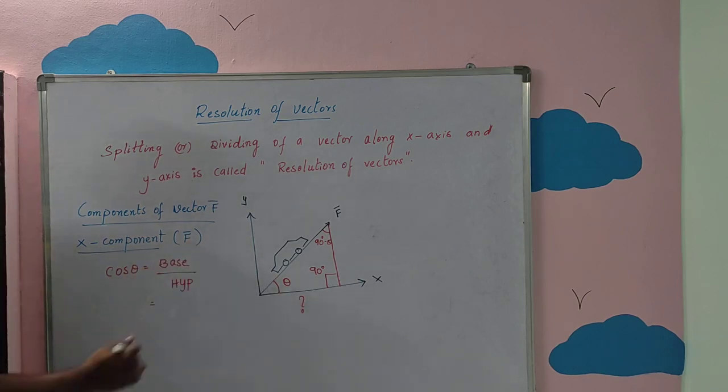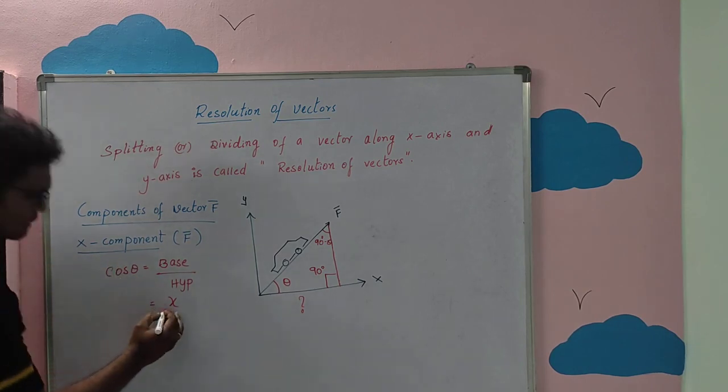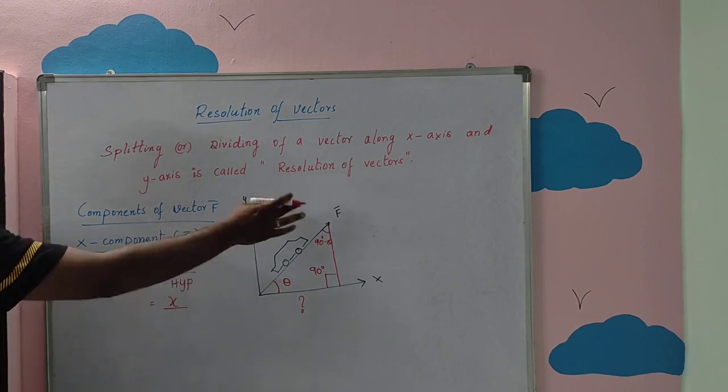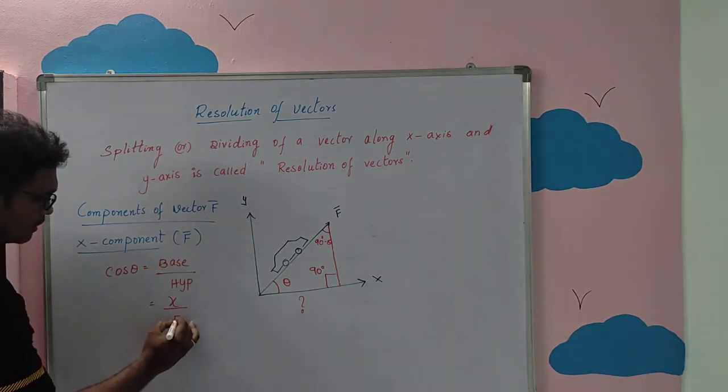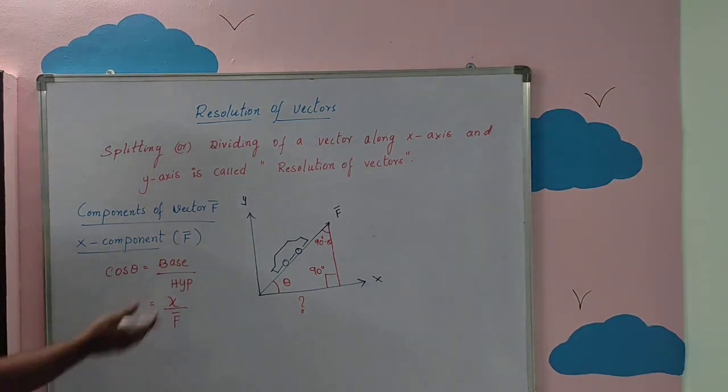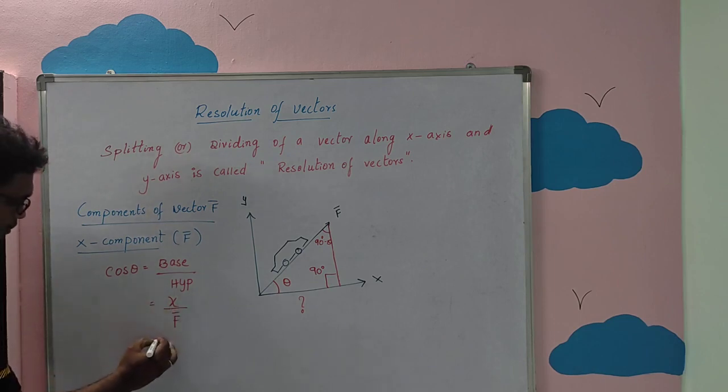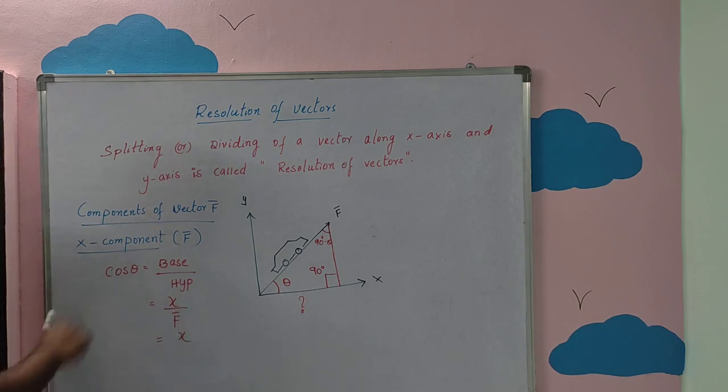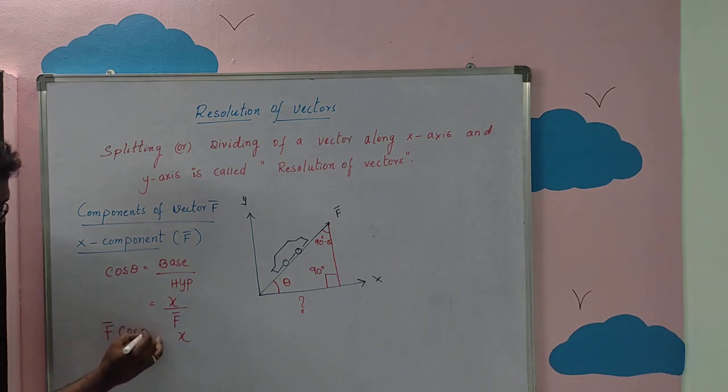The base we have to find out, say that is x. Whatever we are finding along the x axis, we take as x. And what is the hypotenuse? It is equal to our force vector, that is F. Now you have to find out this x. So, keep x here and send F to the other side. So, it becomes F cos theta.